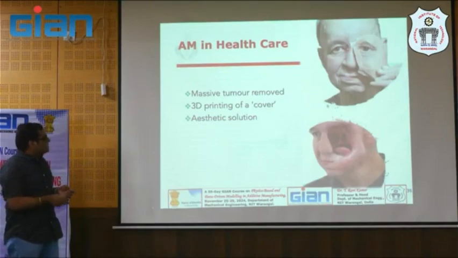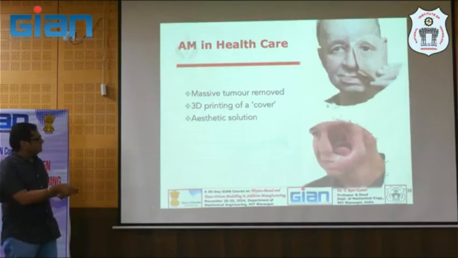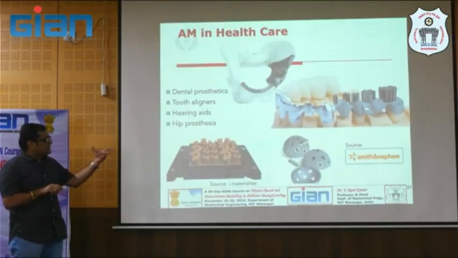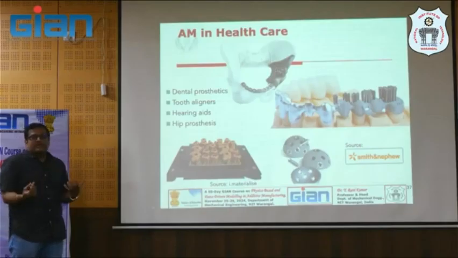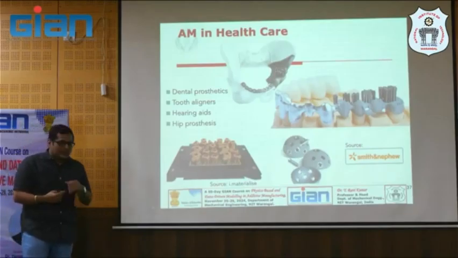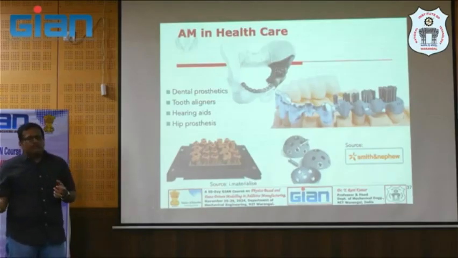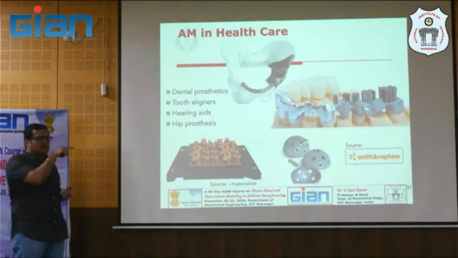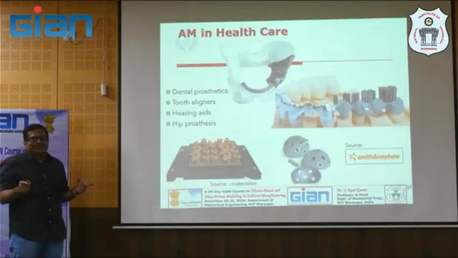So even if you try to see dental prosthesis, like dental crowns and dental bridges, mass customization is going to play a major role. In a country like India, we have a huge requirement for these, since each tooth and each crown is different.